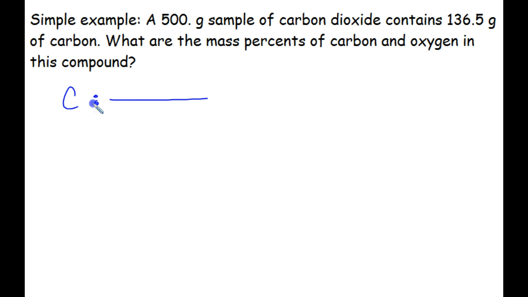Now, we do the part over the whole. Carbon is the part we're looking at, and if we read our problem, we have 136.5 grams of carbon. And our whole is the compound carbon dioxide, and there's 500 grams of it.